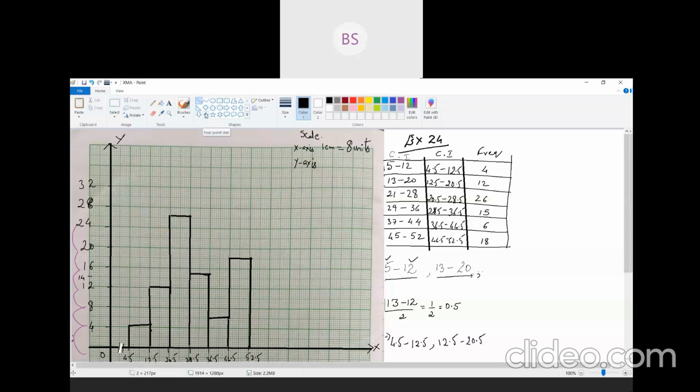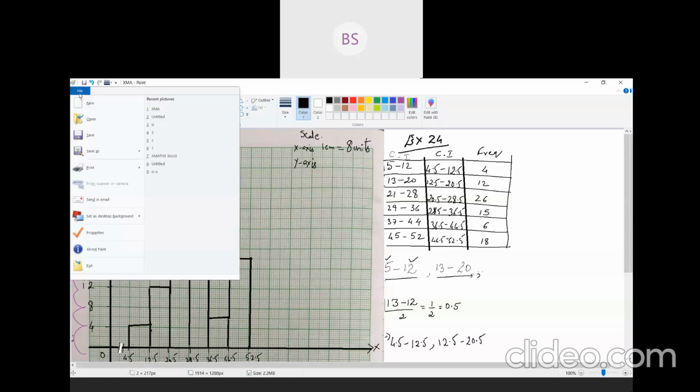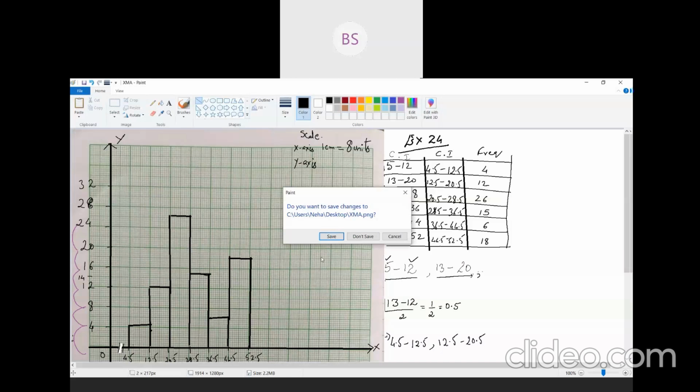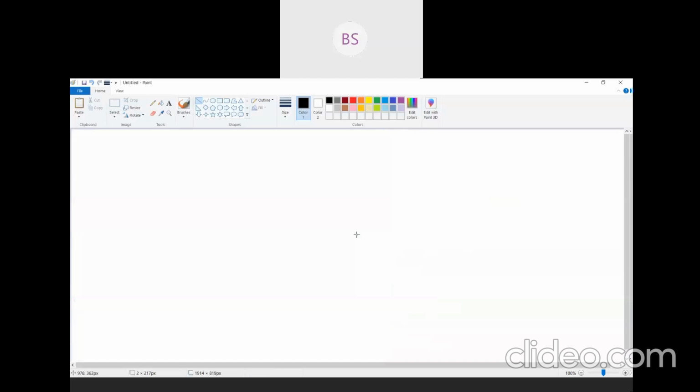Okay. So next is one more different type of question to draw a histogram. That is question number 5 you can see. Now in question number 5, instead of class interval, they have given us class mark. Yes, as you can see it is class mark and not class interval.